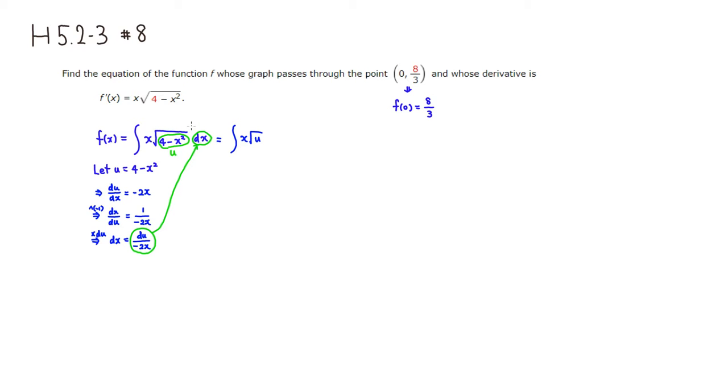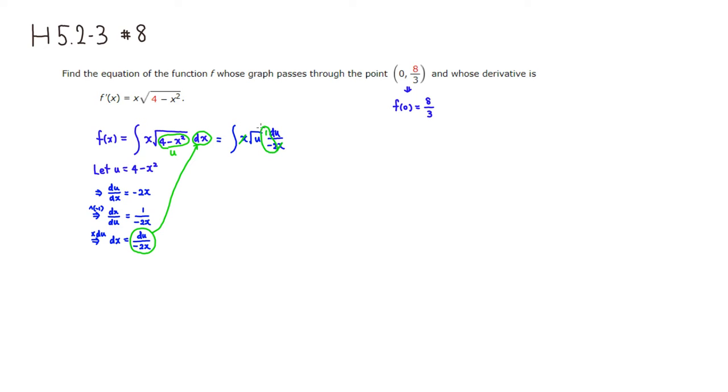We're going to get du over negative 2x. You can see that there's x on top and there's x on the bottom. Then we have a 1 over negative 2.